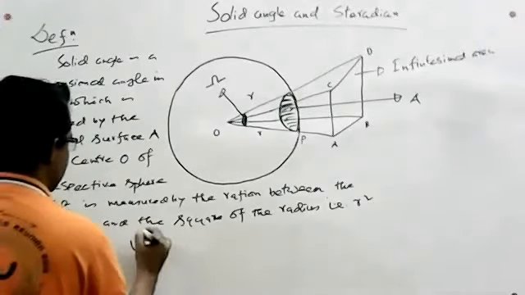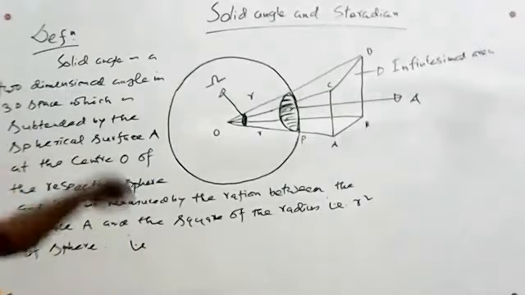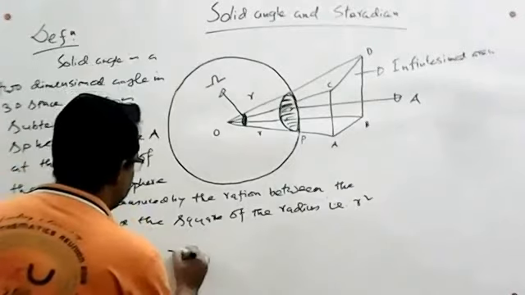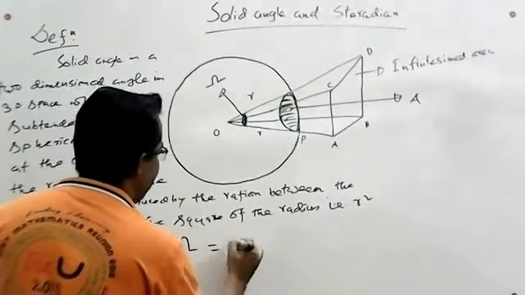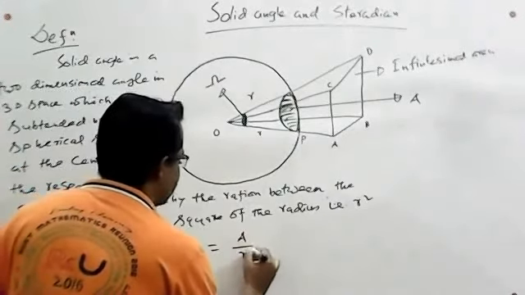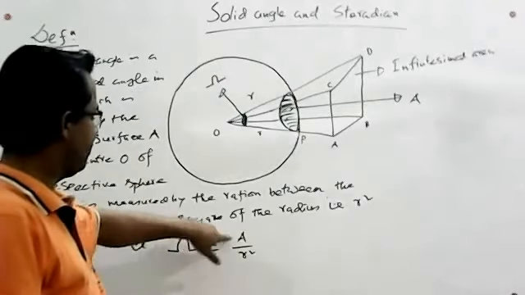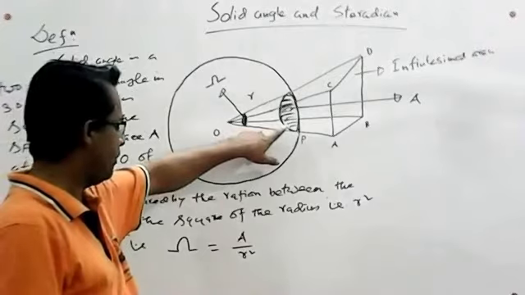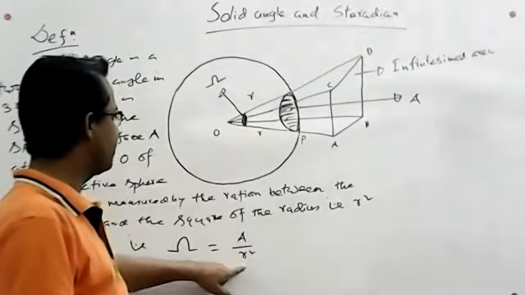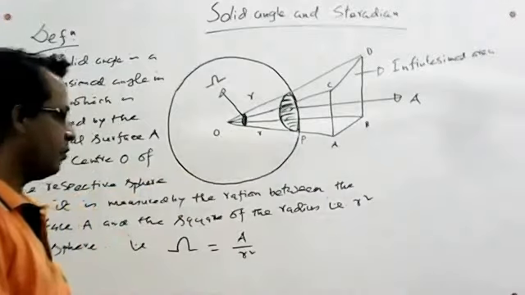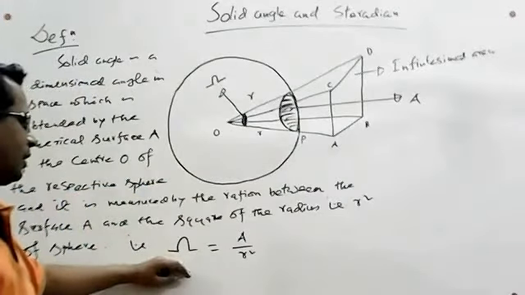That is, by this definition, we can say that the solid angle omega will be calculated by this formula, A over R square, where A is the respective surface on the sphere, and R square is the square of the radius of this sphere. We can measure the solid angle omega.